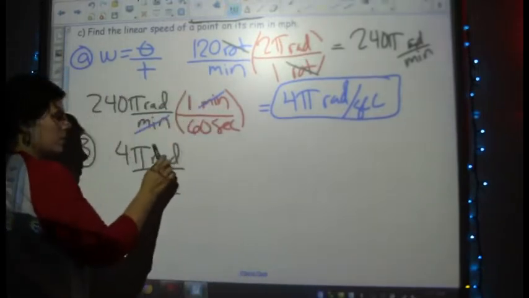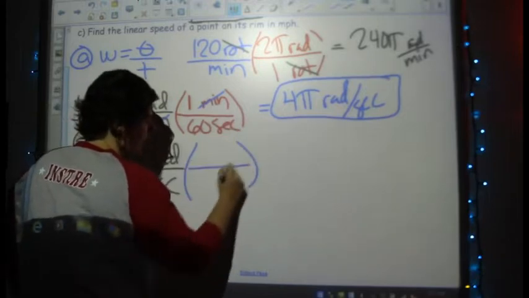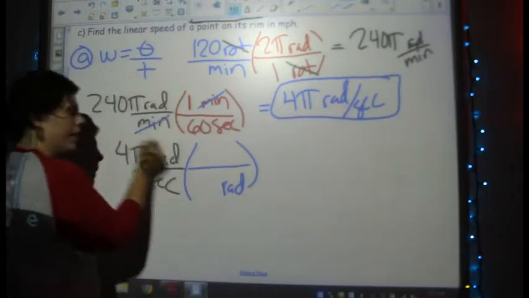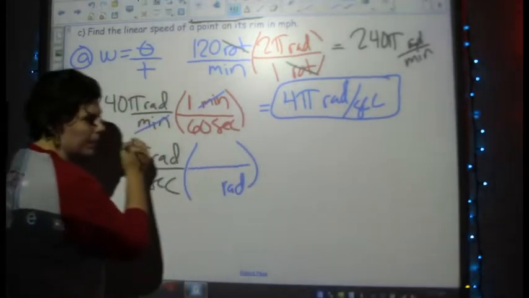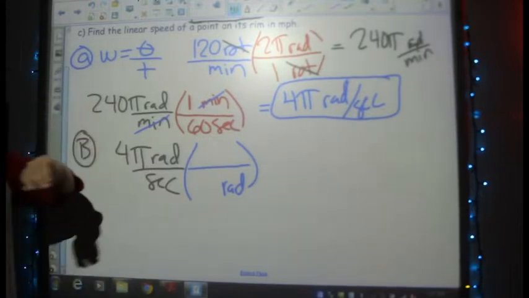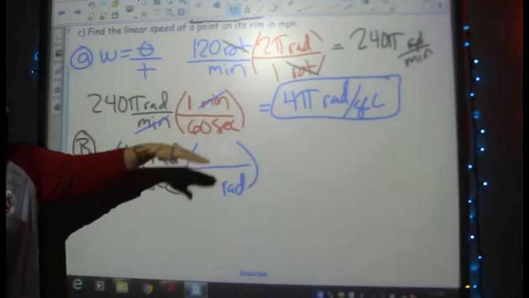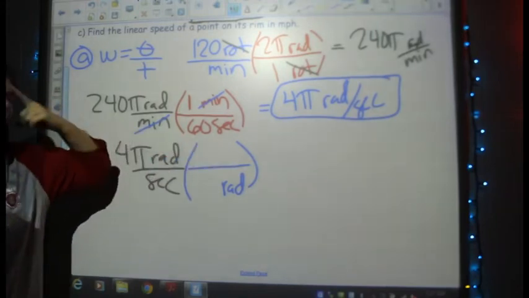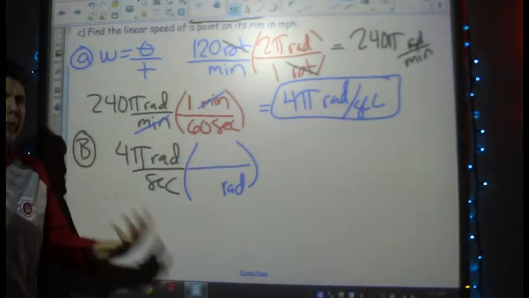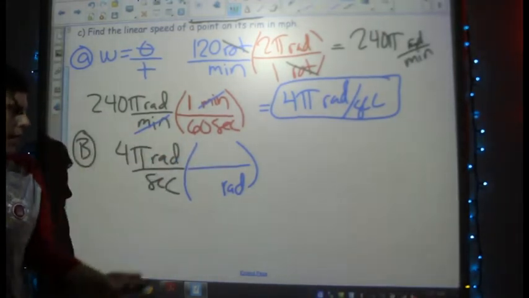So since radians is on top, I need to put radians on the bottom so that they will cancel. So I need to know how many radians are equivalent to how many degrees. Well, we just talked about this when we converted at the beginning of the unit between radians and degrees.